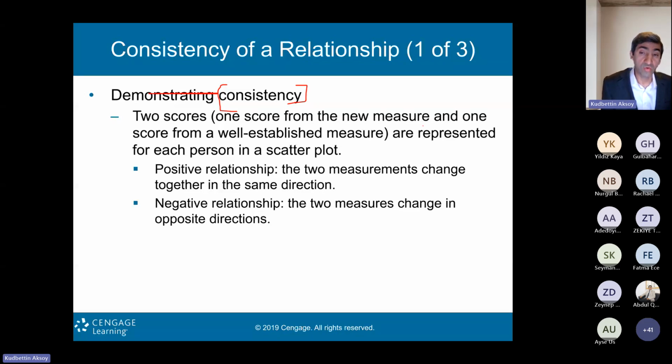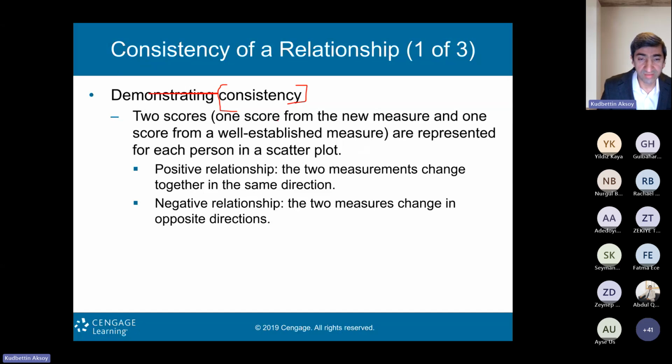You can check the Pearson correlation coefficient between them. If a student has a high score on one and a high score on the other, or a student who has a low score on one also has a low score on the other, then you can say these two instruments are positively related. And hence, your scale is in a good direction.